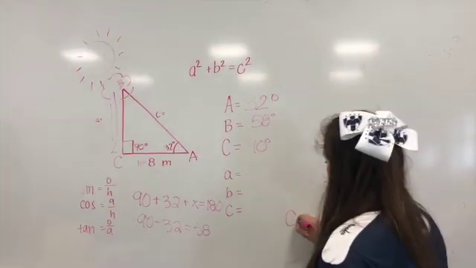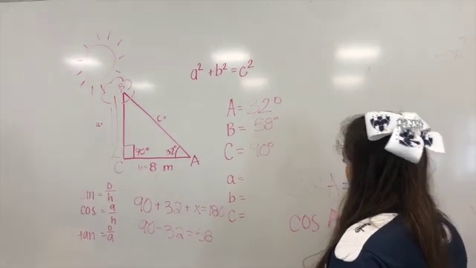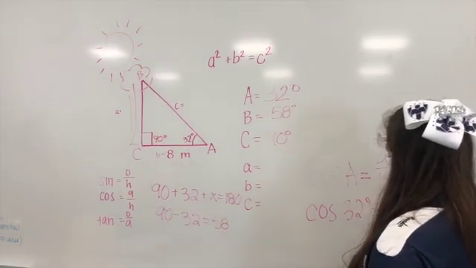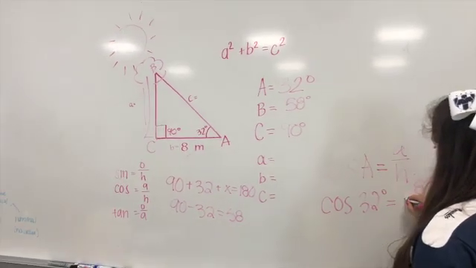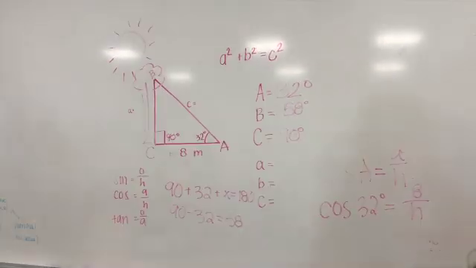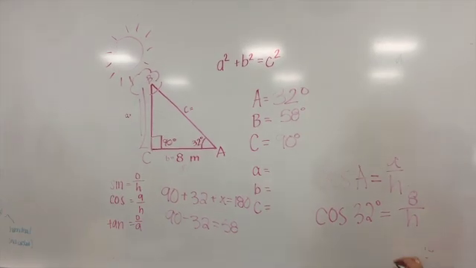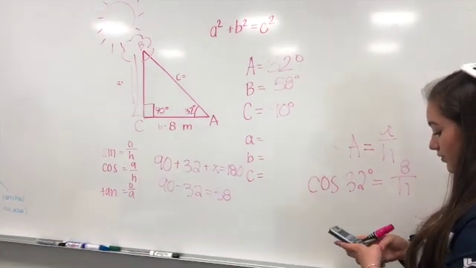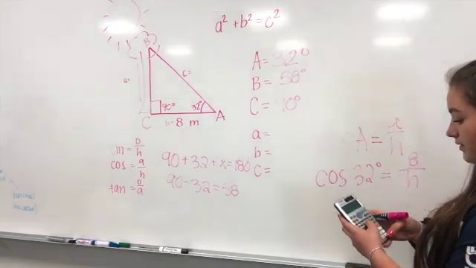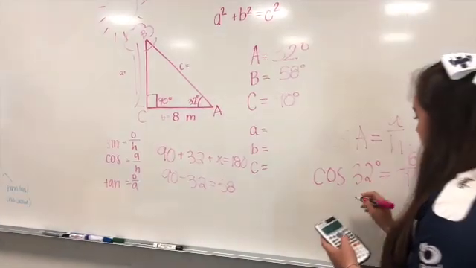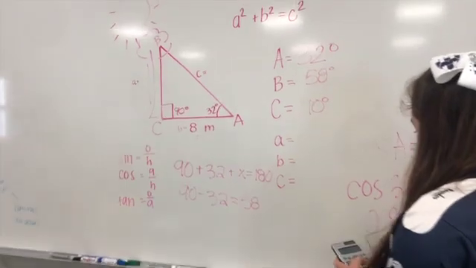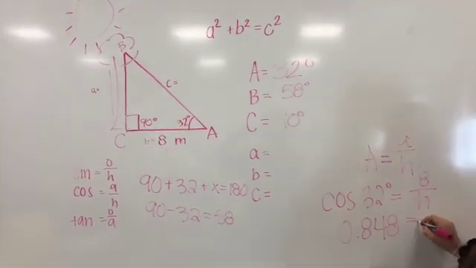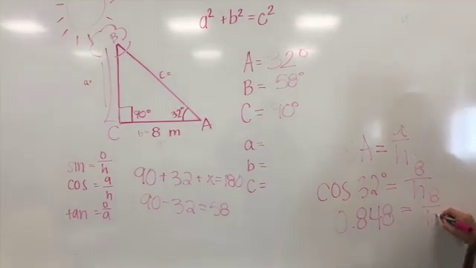So, cosine of A, which we know is 32 degrees, equals 8 over hypotenuse. We plug it in the calculator. We put cosine of 32, that is equal to 0.848, equals 8 over hypotenuse.